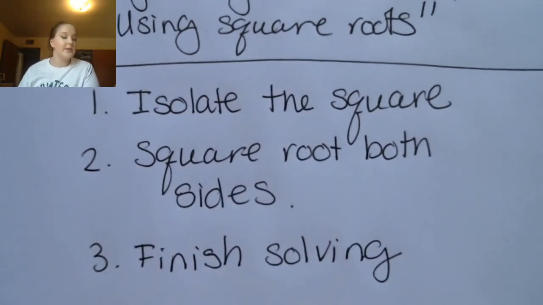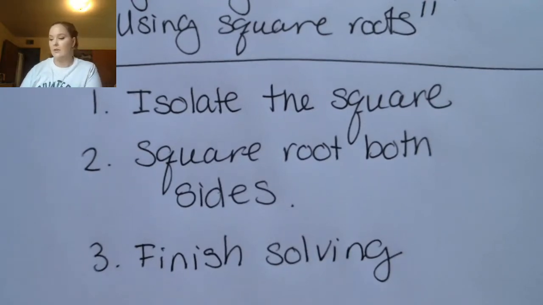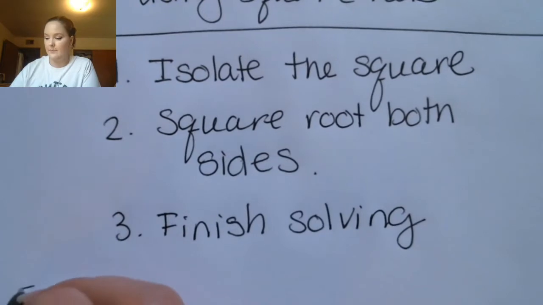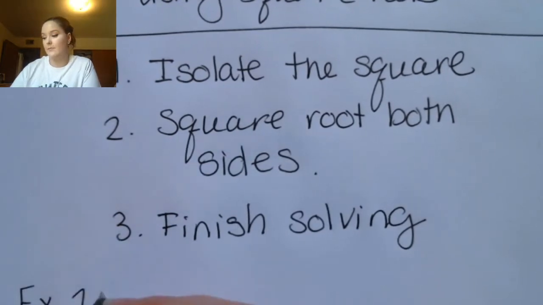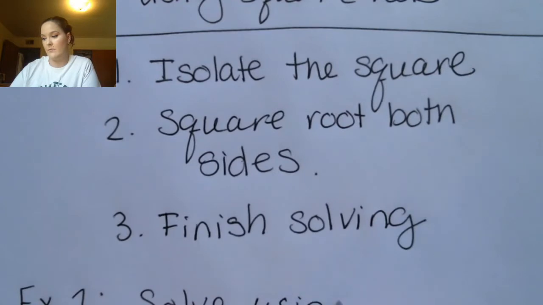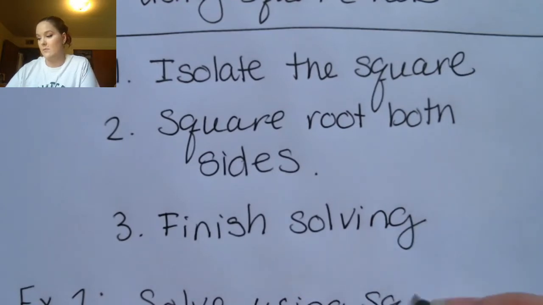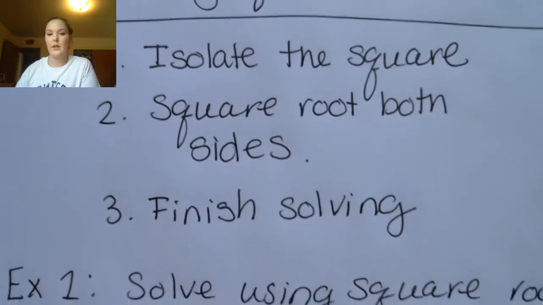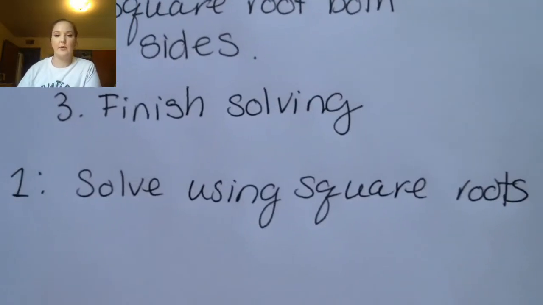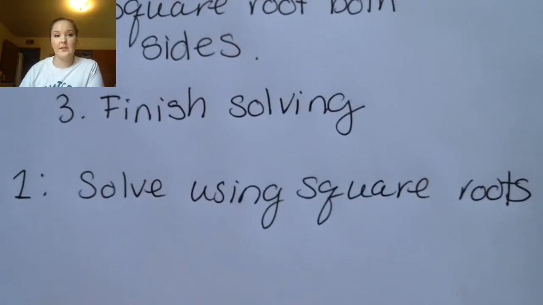All right. So let's do an example of using this method. Now you should have seen simple examples of this in your Algebra 1 class, but we're going to do some more complicated examples.